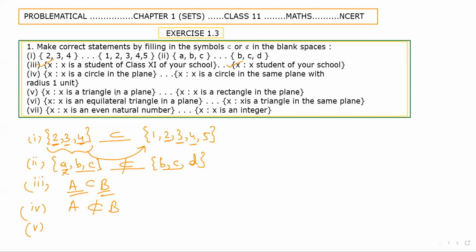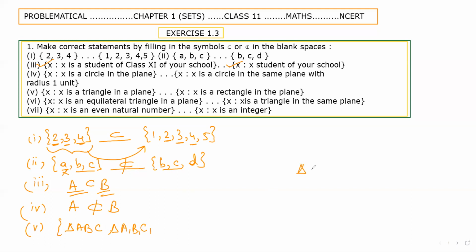Fifth, X is a triangle in a plane and X is a rectangle in a plane. Now a set of triangles is very different from a set of rectangles, such that they do not have anything in common. If we consider one element of the set of triangles in a plane, something like triangle ABC, triangle A1B1C1, these would be the names of triangles present in the plane.